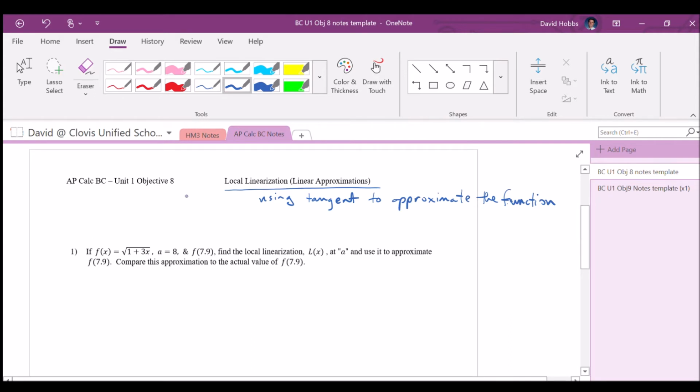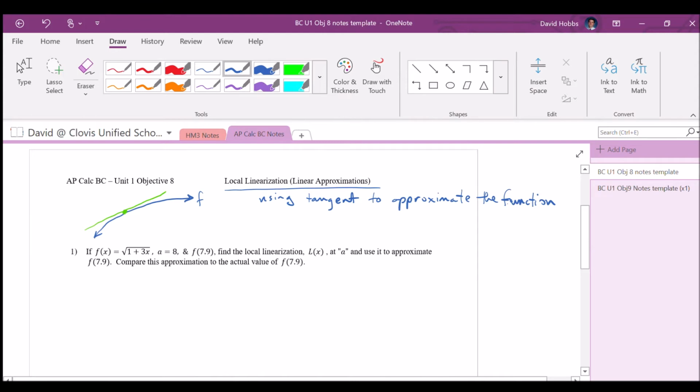Well, for any curve, if we look at values that are close to the point of tangency, then for values that are very, very close to the point of tangency, the tangent line can do at least a decent approximation of the actual function. So that's really what we're doing.